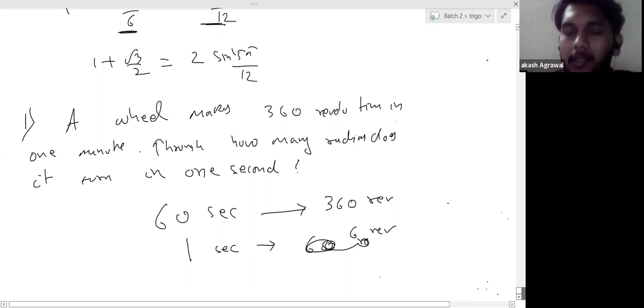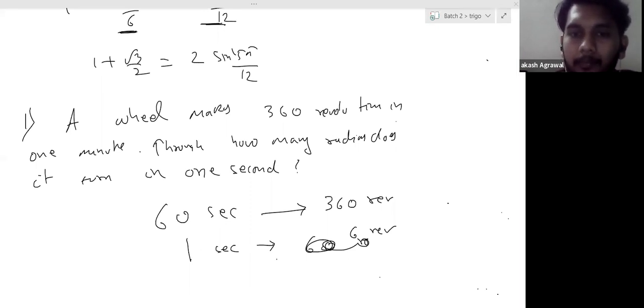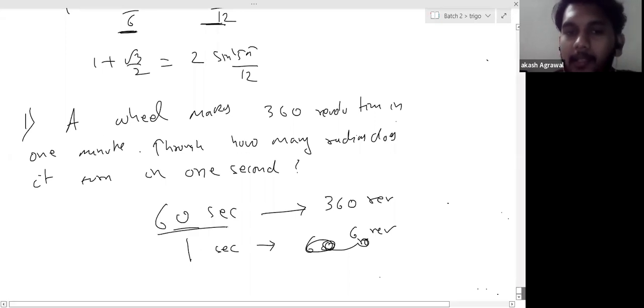All right. We have not solved it completely yet, but this. In 60 seconds, they have given you it moves 360 revolutions. So in 1 second, it will move 360 by 60. So 6 revolutions.